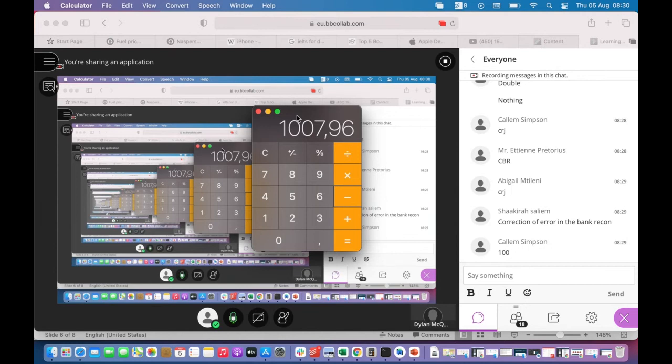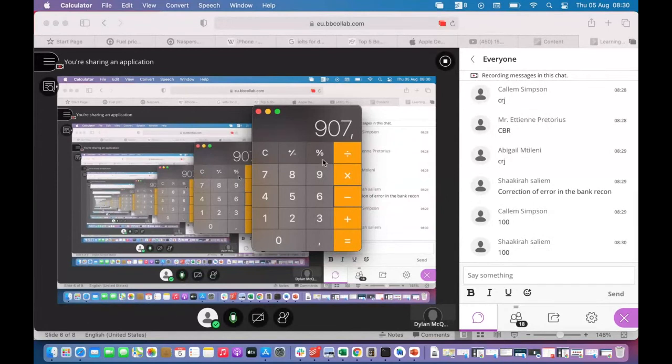What's the difference between the 907 and the 1007? I'm just doing the calculation, but I'm sure you guys have already done it in your heads. 0.96, I believe. Yes. Okay, so as Callum mentioned, and as Shakira has mentioned as well, it's 100 Rand.